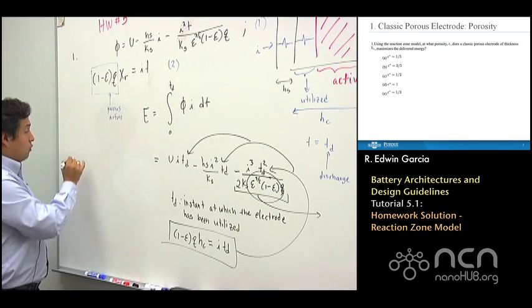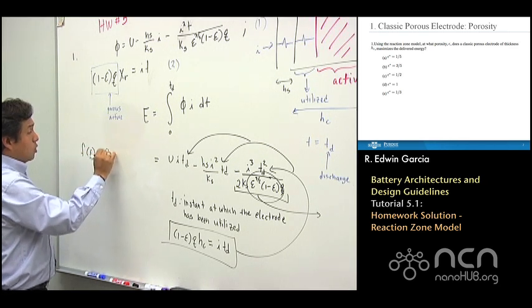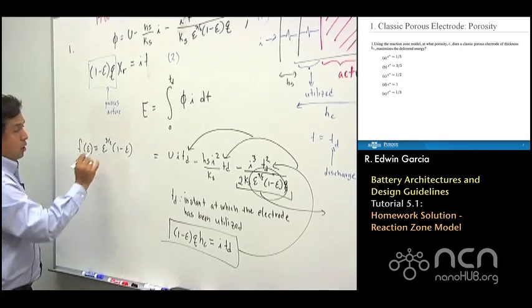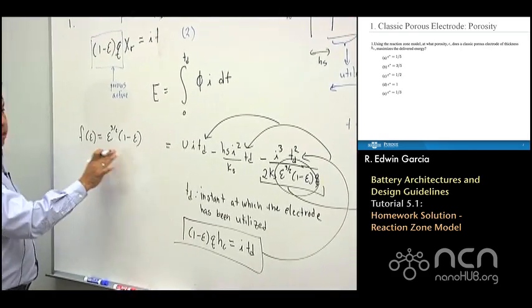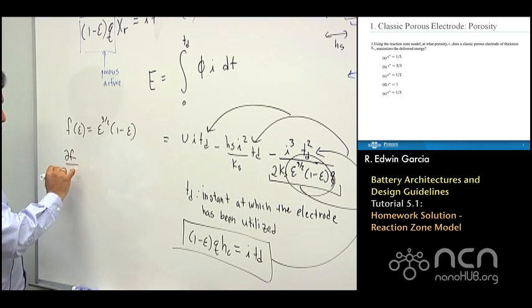So I'm going to define that function f of epsilon as epsilon to the 3/2 times 1 minus epsilon. And it's very straightforward to say, well, if there's an optimum value, it should be between those two. So I'm just going to do this.